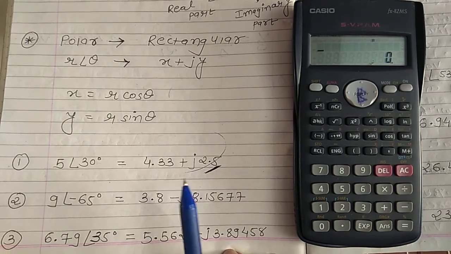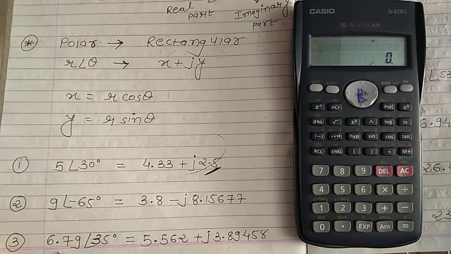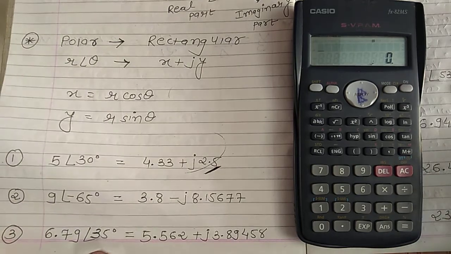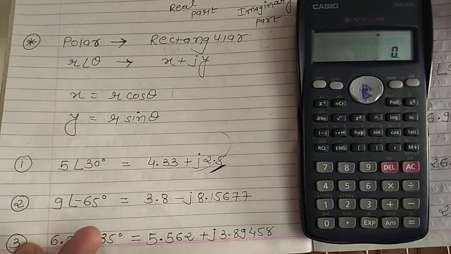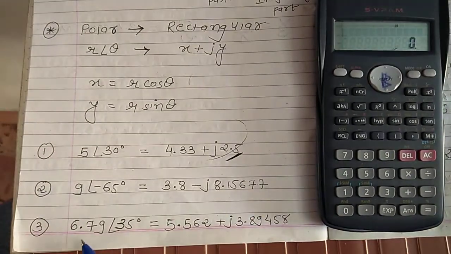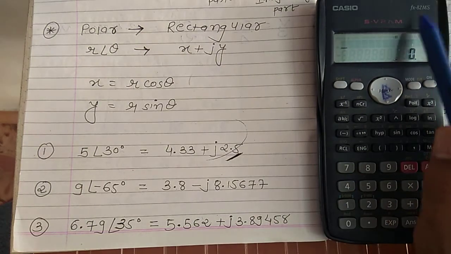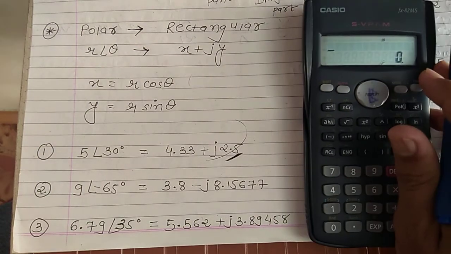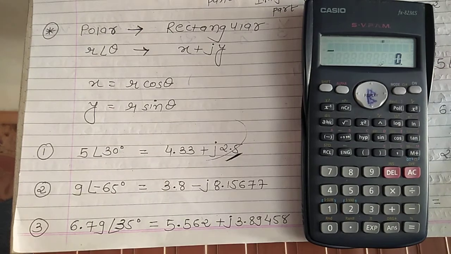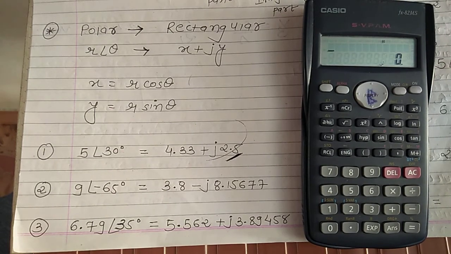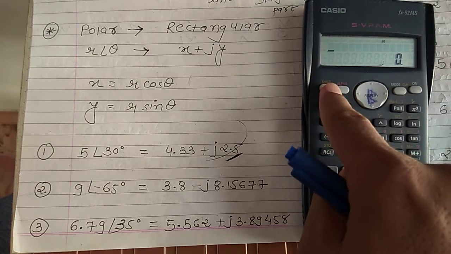Now I want to convert this 6.79 at an angle 35 into rectangular form by using the FX82MS scientific calculator.